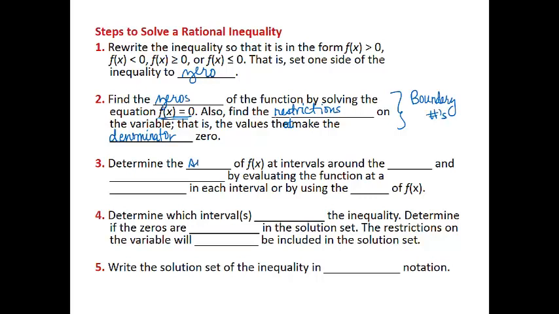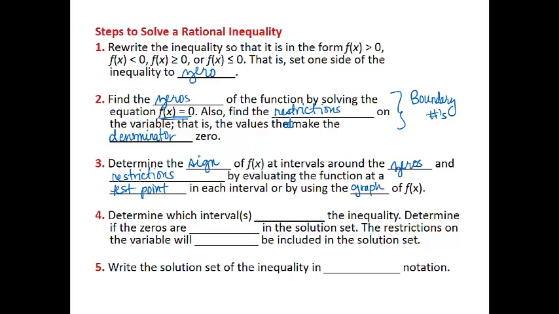We want to then determine the sign of the function at intervals around the zeros and restrictions by evaluating the function at a test point in each interval, or by using the graph of the function.